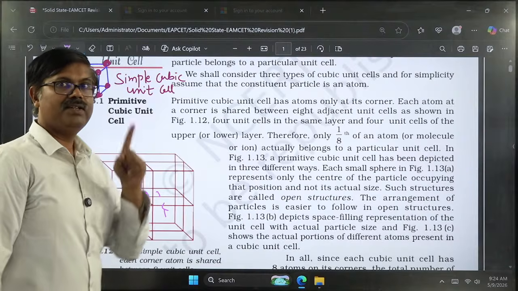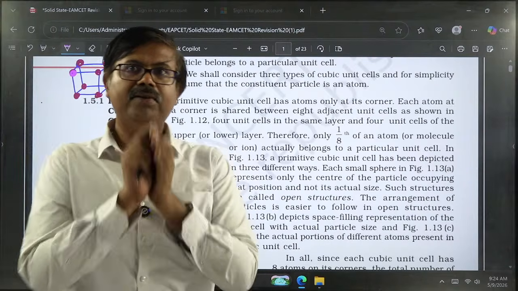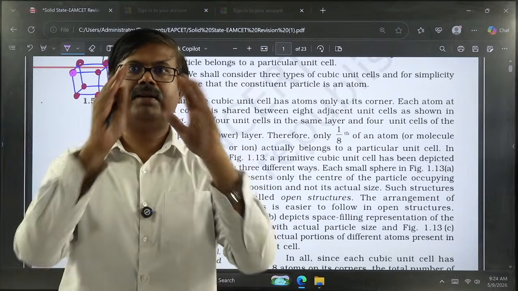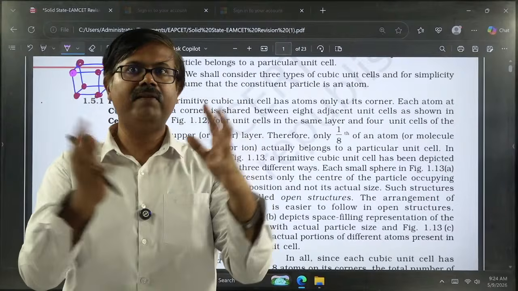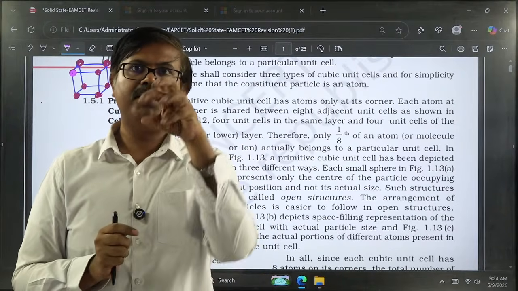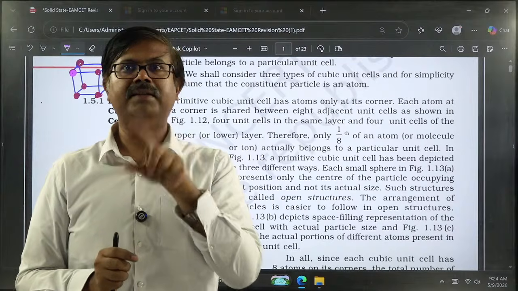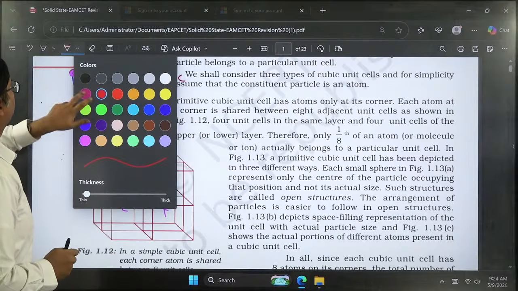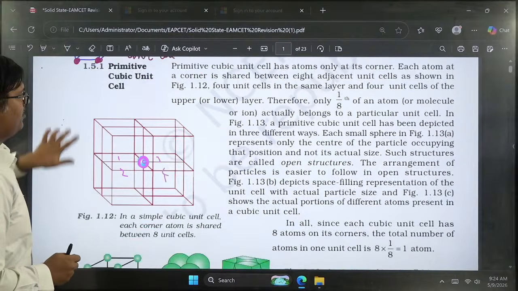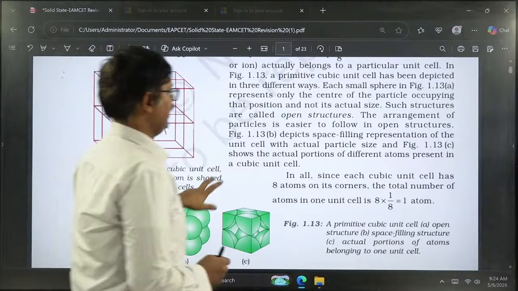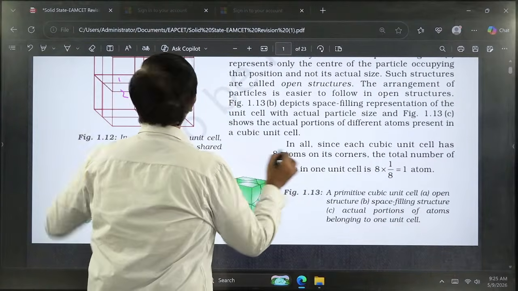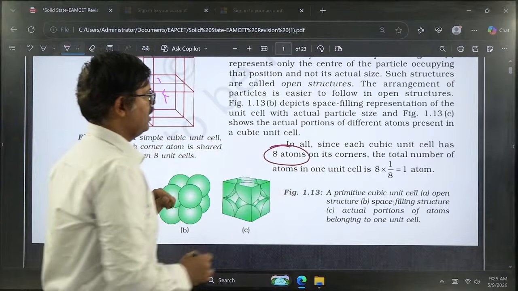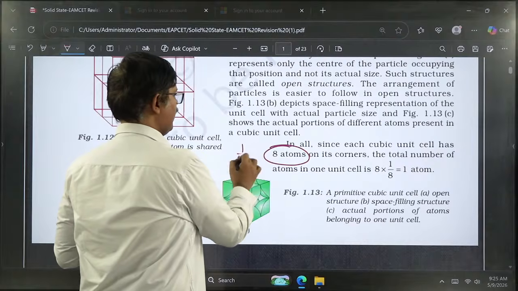Now, since it is shared between 8 unit cells, per unit cell its contribution is 1/8, because we divide it into 8 equal parts. Then per unit cell, how much portion will you get? Only 1/8. So each corner contribution is only 1/8. How many atoms are there? 8 corners, 8 atoms, and each contribution is 1/8.